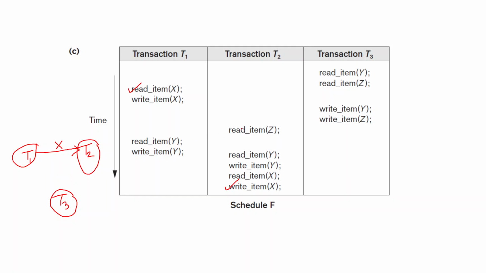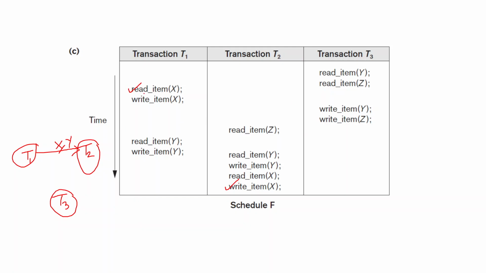Okay, that is fine. Now read item Y, here also write item Y is there, again T1 to T2, which means based on Y also there is conflict. Okay, now let us look at T1 and T3.